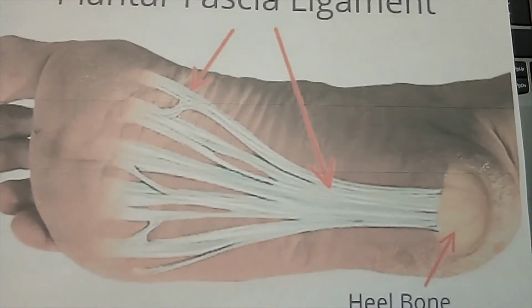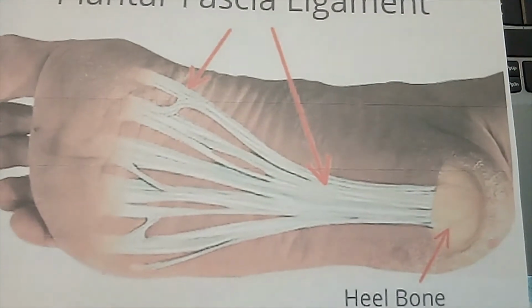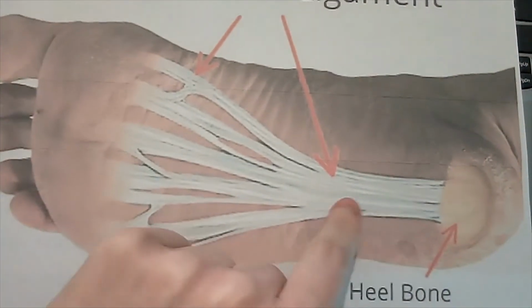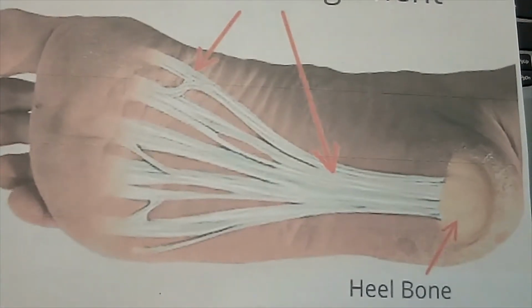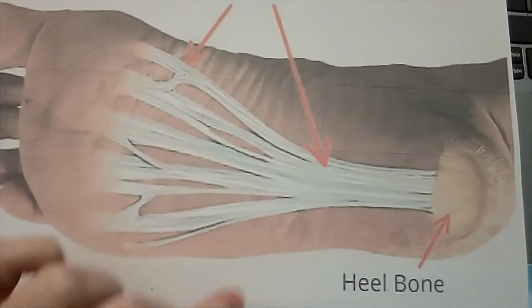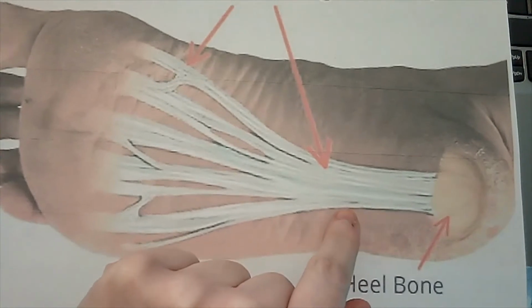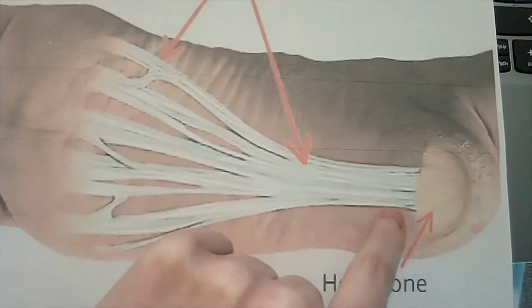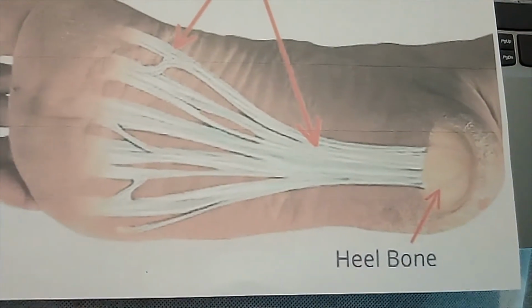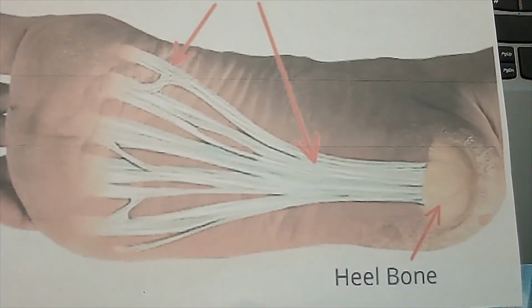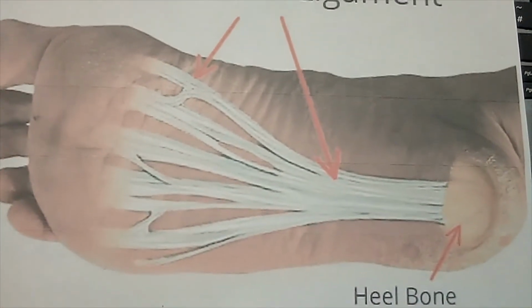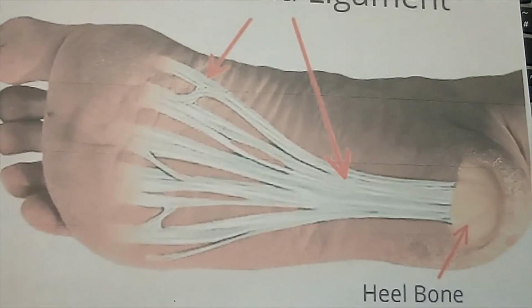What happens with plantar fasciitis is that you get inflammation of this tissue, and the reason it causes pain, besides the inflammation, is that where it becomes inflamed and tightened, it actually pulls on the heel bone here. I will talk a little later about the calf muscles' involvement as well in this.